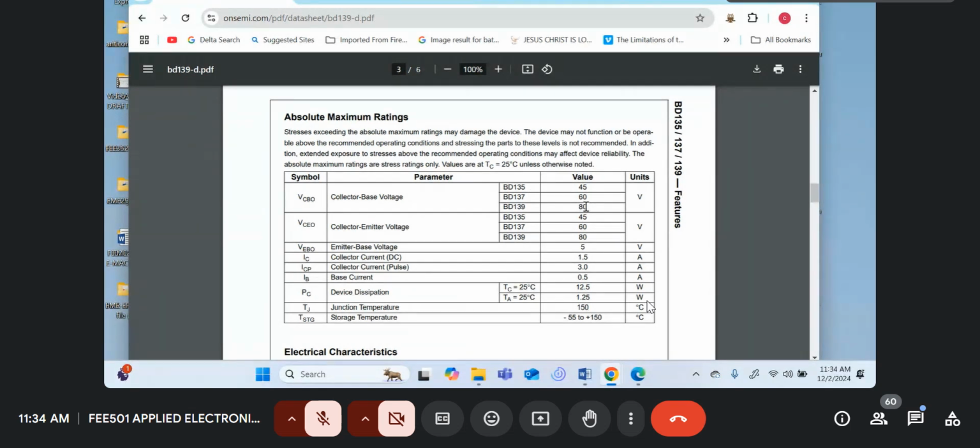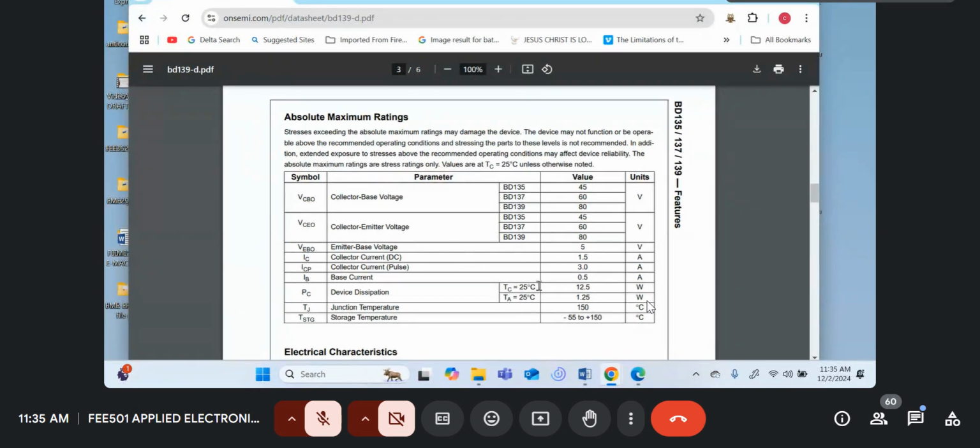But to be safe, whether the base is open, you can use 80 volts. And then you can see the power dissipation of this one is 20 watts. I forgot to show you the power dissipation of the other one, at 25 degrees centigrade.